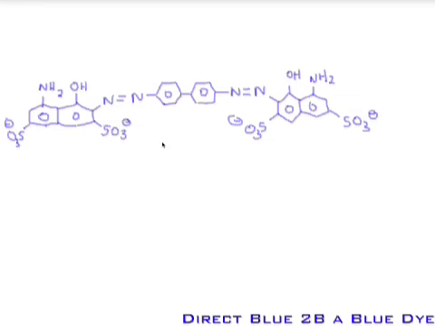The N double bond N have pi bonds. This is an extensively conjugated system. The energy gap is so small that red wavelength light is absorbed and blue wavelength light is reflected. And this is known as the dye called direct blue 2B.